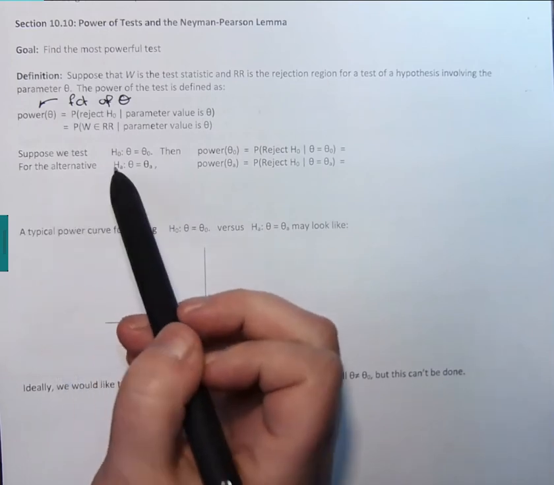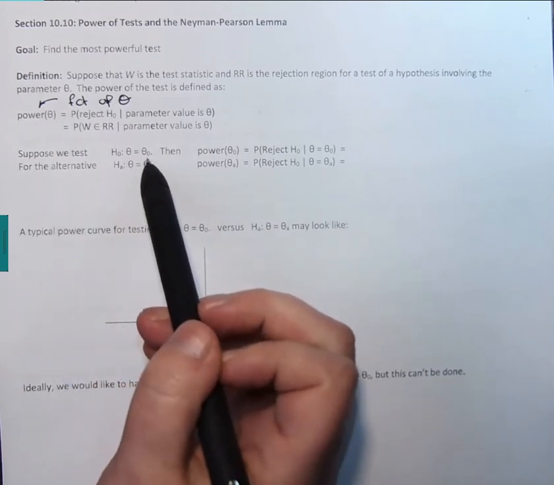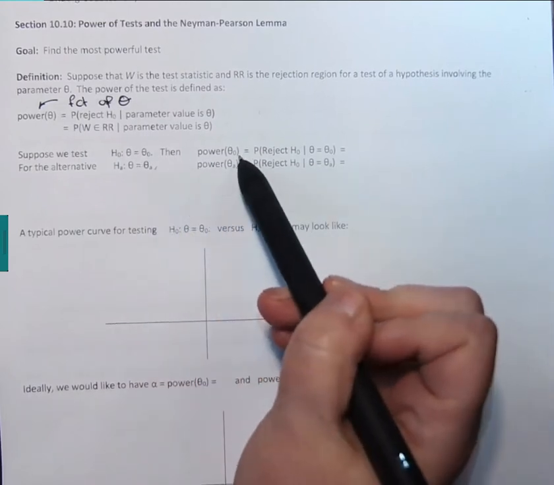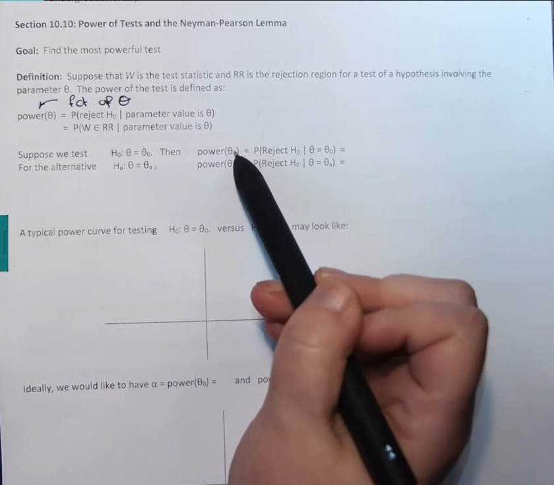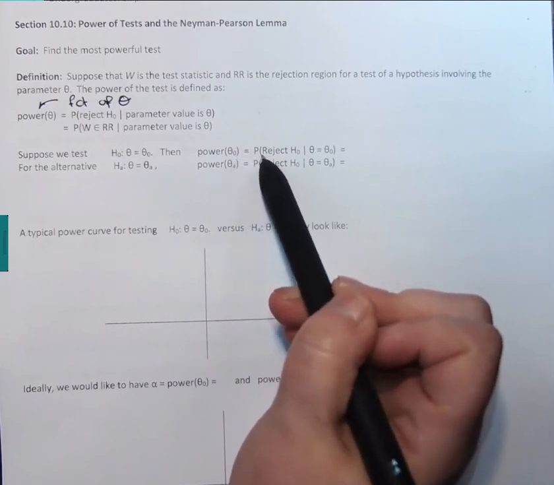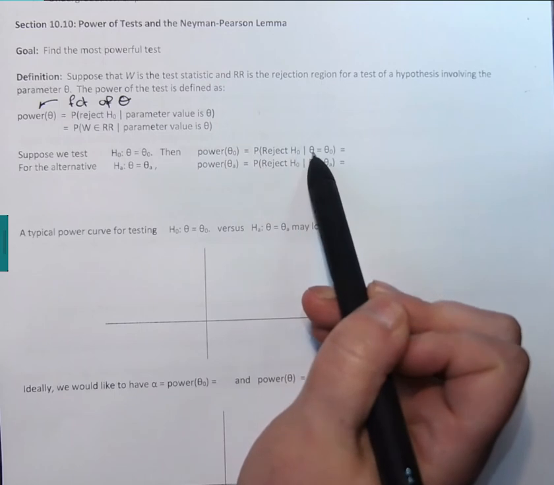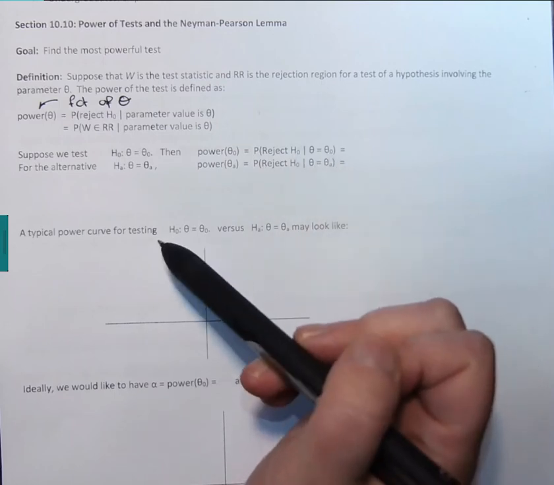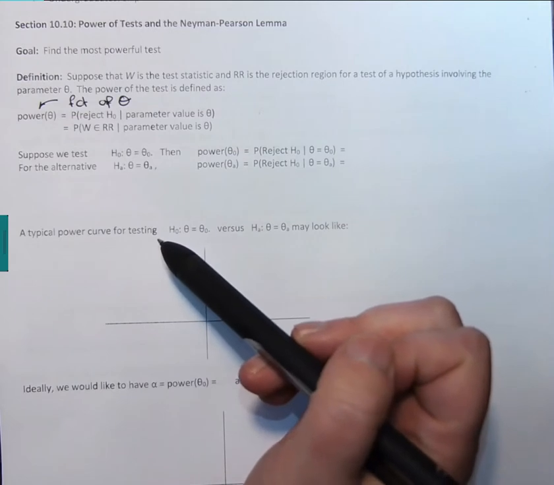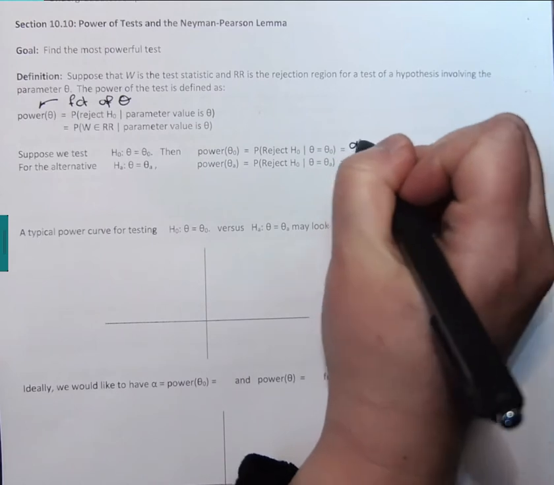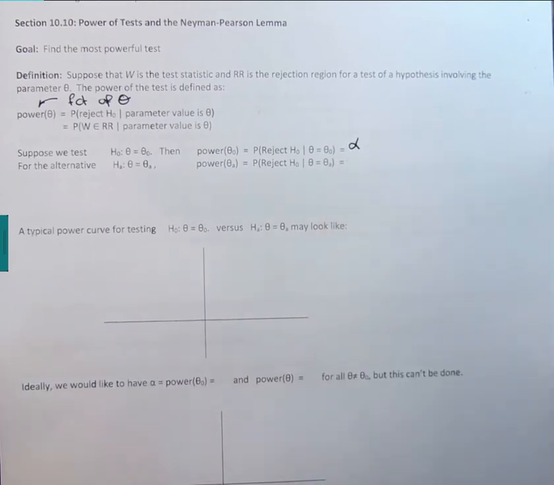So suppose we want to test under the null that theta is equal to theta naught. Then under the null, the power at theta naught, because remember the power is a function, so we're looking at this evaluated at theta naught now, is equal to the probability we reject the null given theta is equal to theta naught. Notice this is equal to alpha, our significance level.